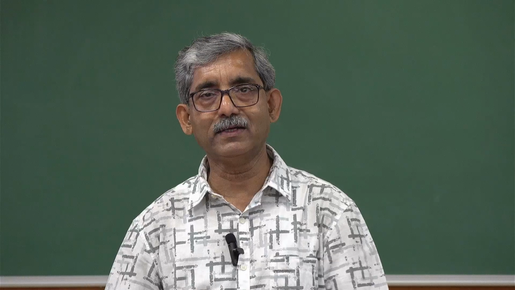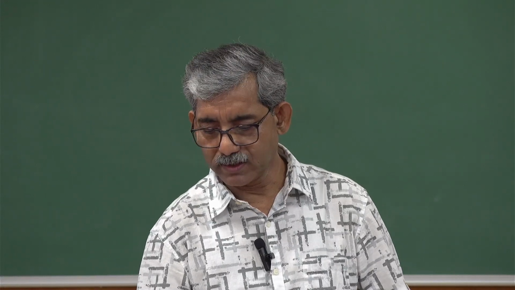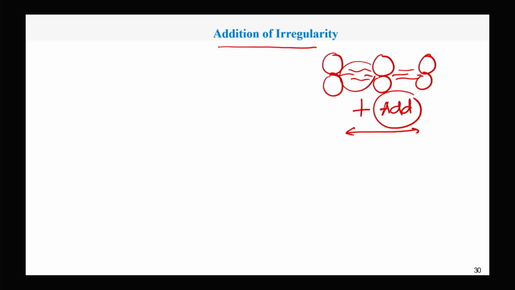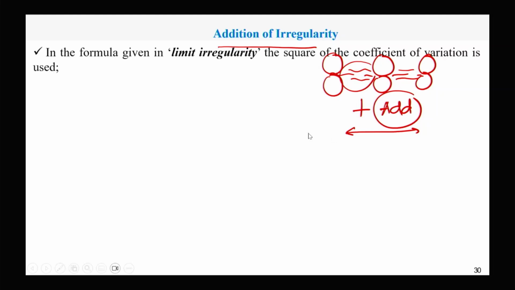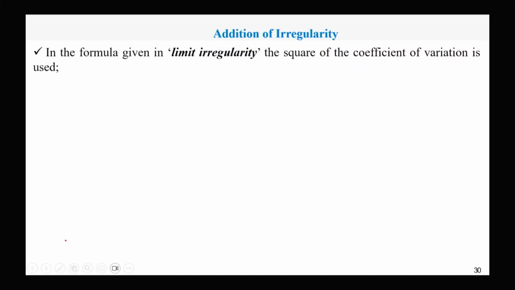So in every stage we keep on adding irregularity in the fiber strand. So for that we need to calculate the amount of irregularity added.